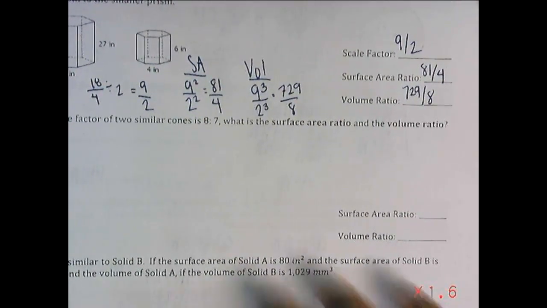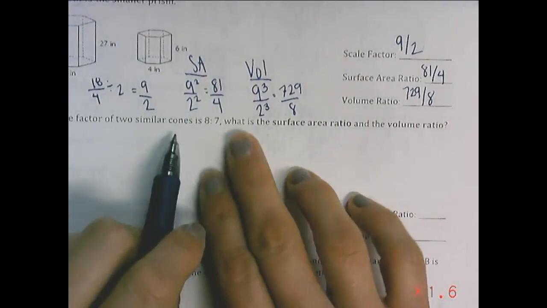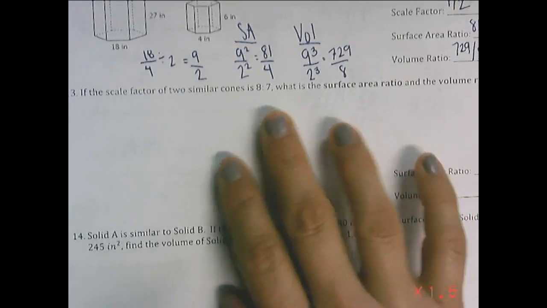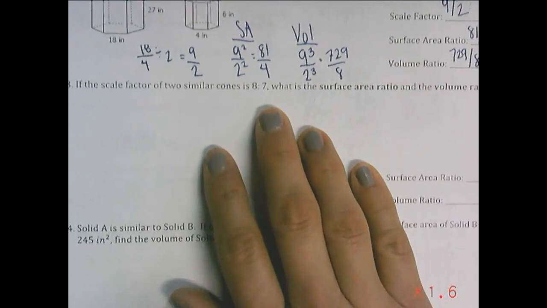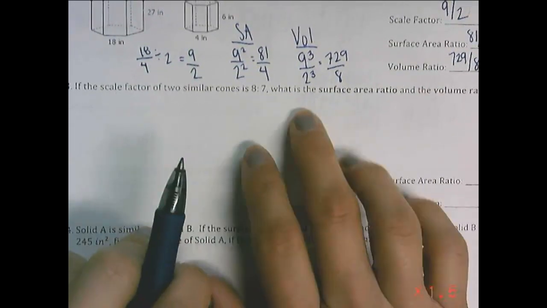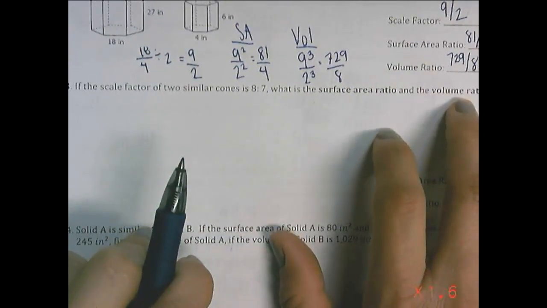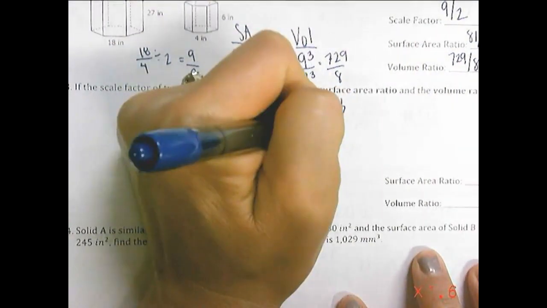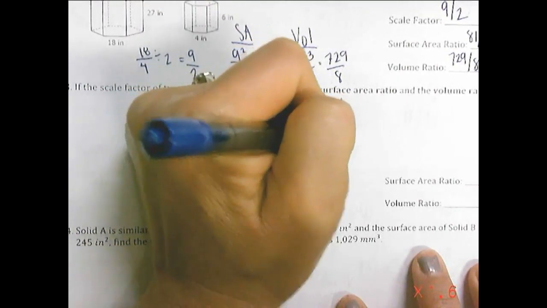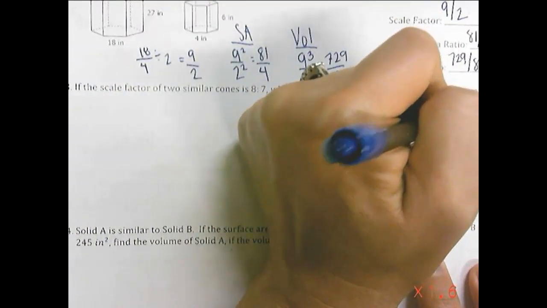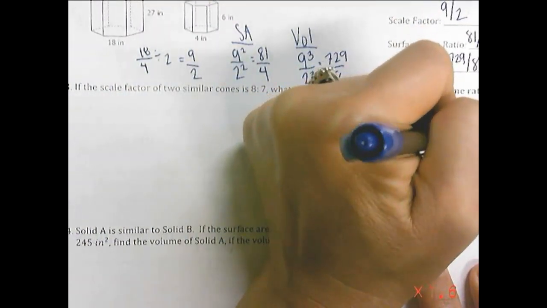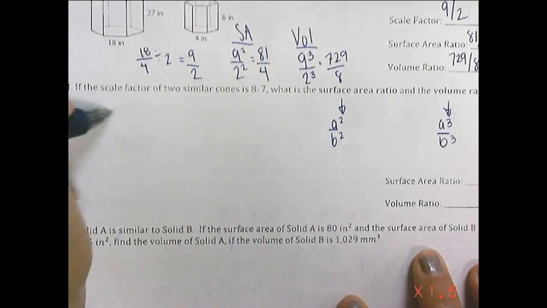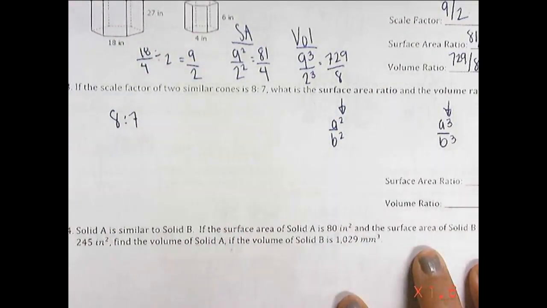Okay, so this one, not as hard as you're probably thinking. If the scale factor of two similar cones is 8 to 7, what is the surface area ratio and the volume ratio? Well, don't forget surface area ratio, we square, and volume ratio, we cube. So we're going to take 8 to 7.